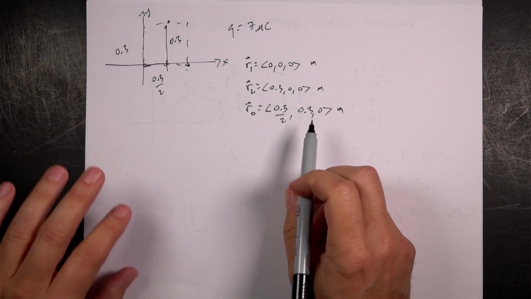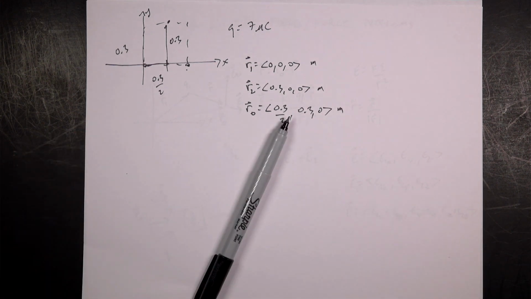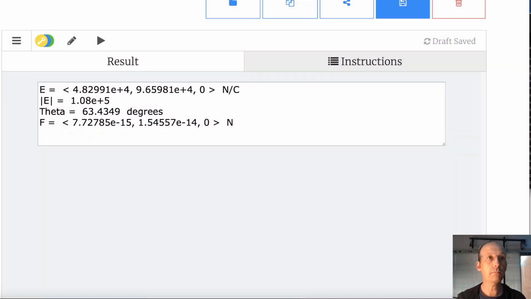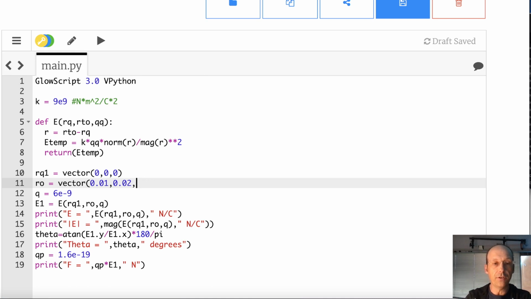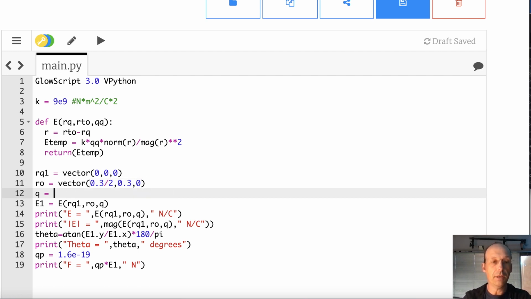Okay, so let's do that. Switching back to our code, I'm going to edit. I already have my function. I already have RQ1, fortunately, at 0, 0, 0. Let's change this observation location to 0.3 over 2, 0.3, 0. And then Q is going to be equal to 7 microcoulombs, so it's e to the negative 6. E1, there, that's already done.